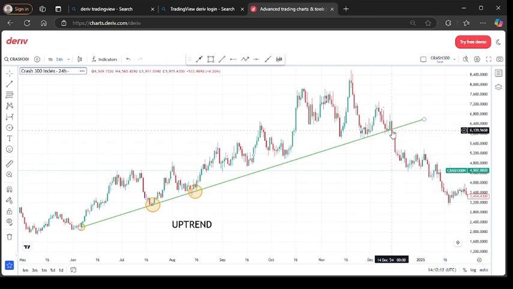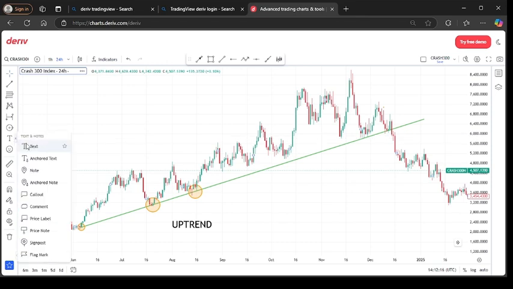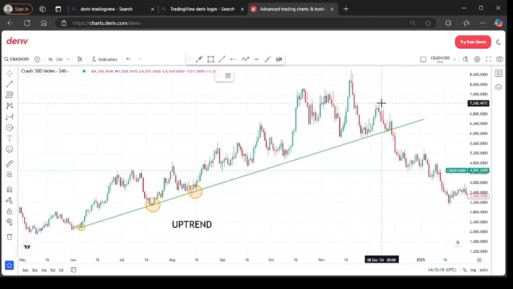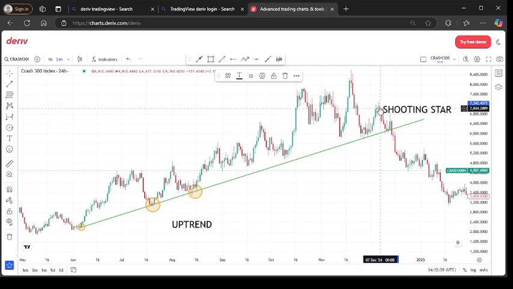Like here, let me just put here: we have a shooting star, which is a reversal candle highlighting that price is likely to move down. And after we have a shooting star here close to the trend line, price moves down and breaks our trend line. And we said we don't just enter because there is a shooting star there.